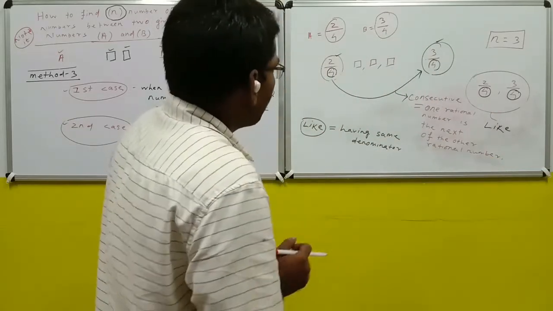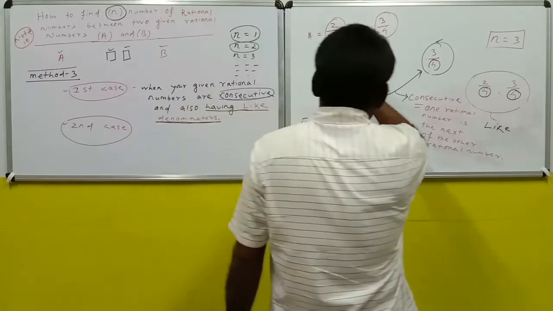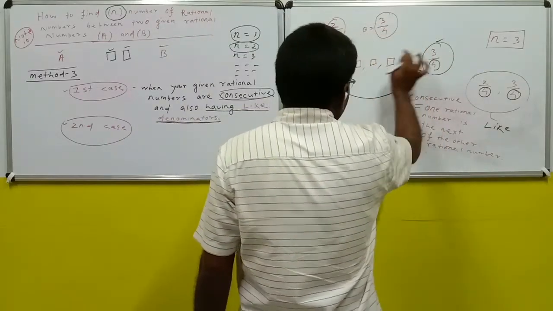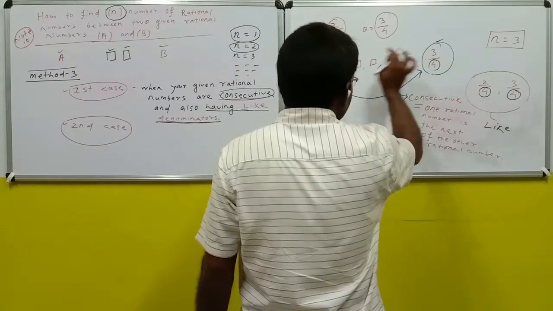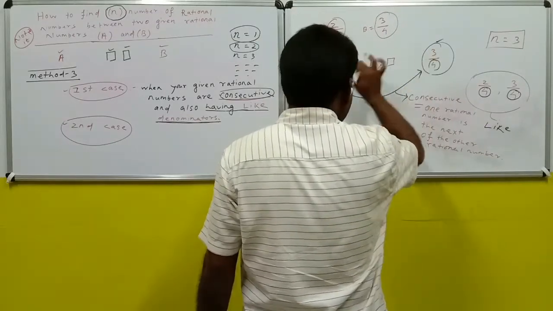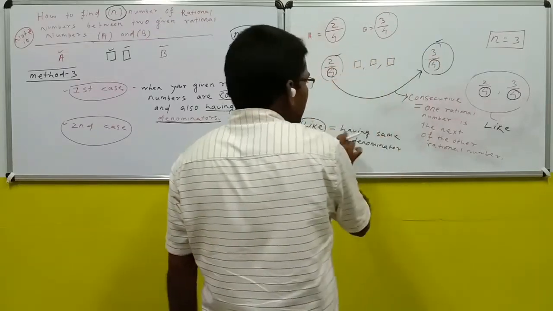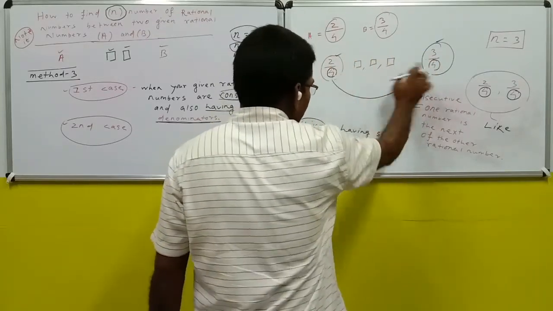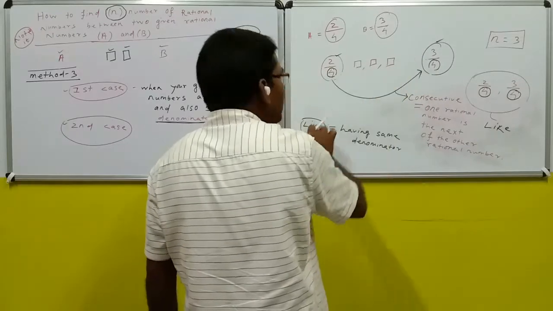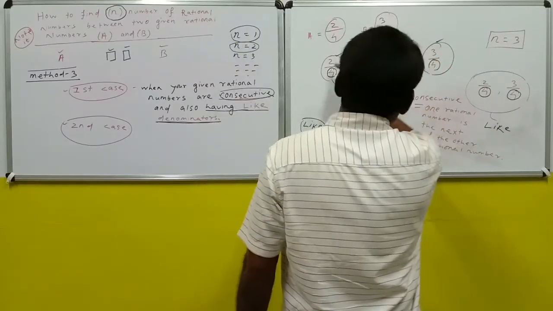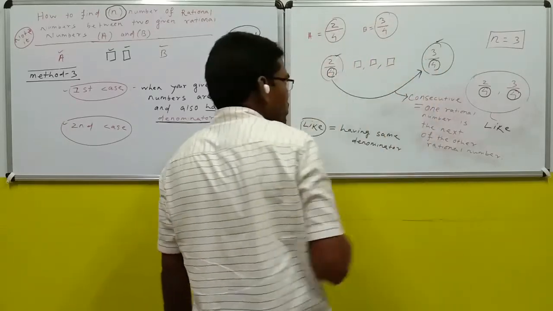So finally you see that these two rational numbers are your given rational numbers, and they are like because they have the same denominator, that is 4. Therefore they are like, and they are also consecutive because one is the next of the other.